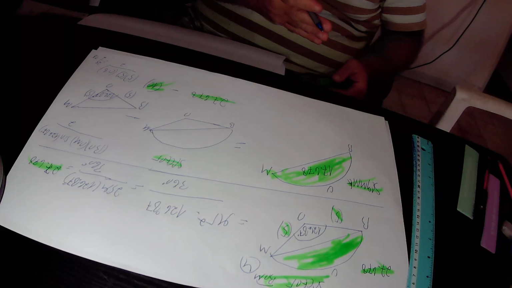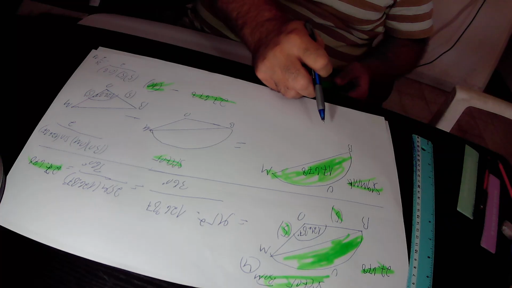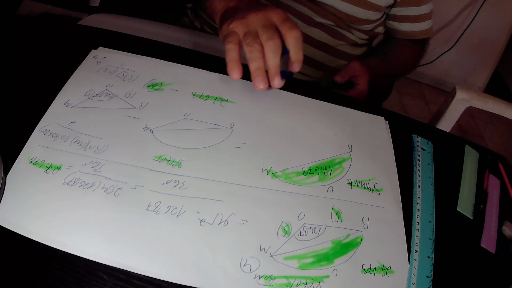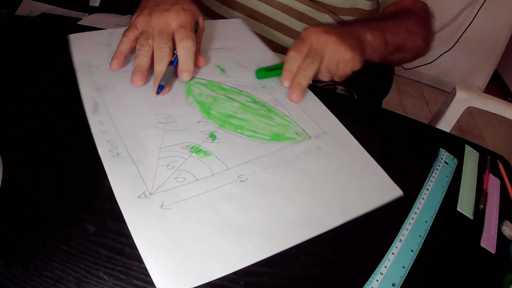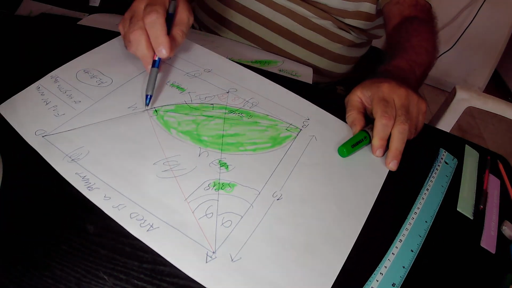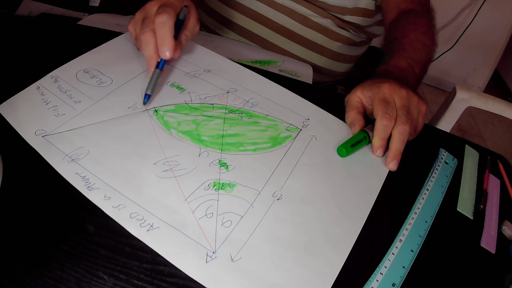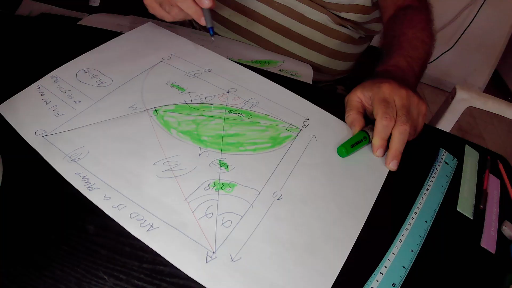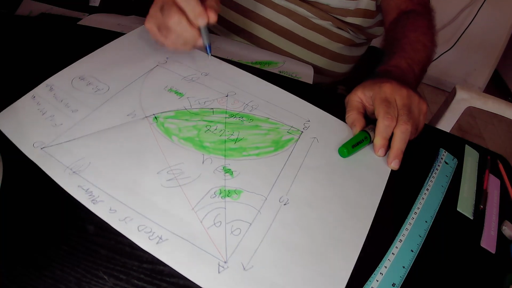So the area of this upper segment BUM is equal to 17.678 square inches in size.